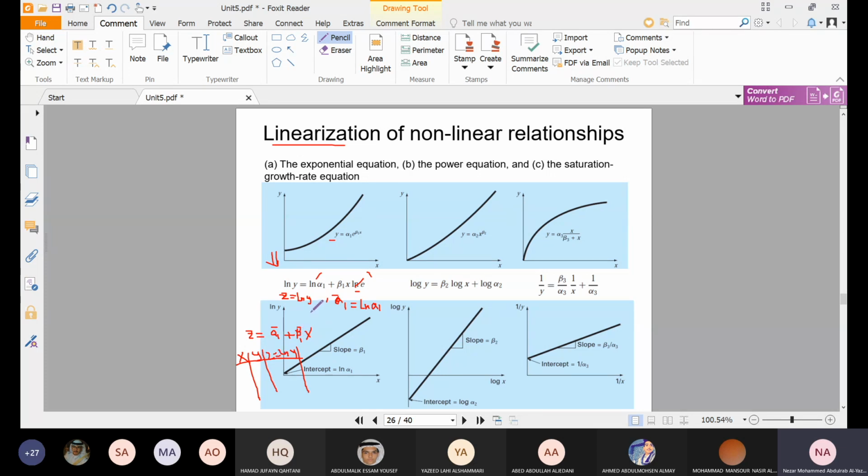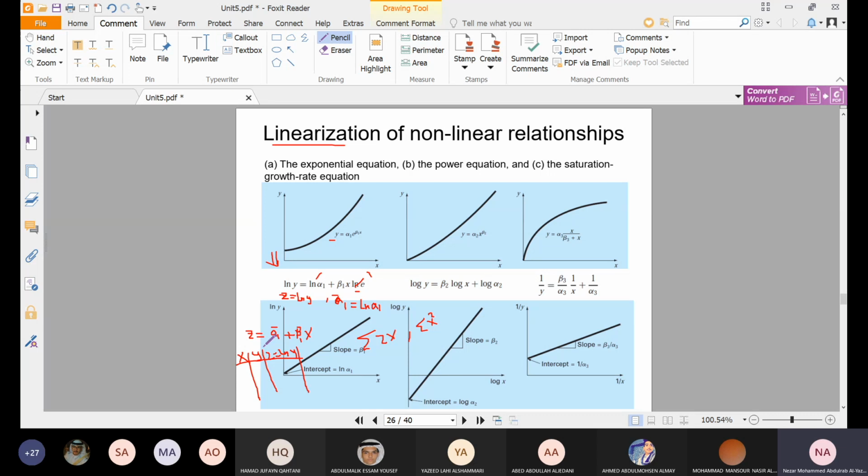After that I will use the same criteria that we used before for a0 and a1, the same form. I need to find the sum of zx, the sum of x square, also the sum of x and the sum of z. After I solve this, I will find the values of alpha 1 bar and beta 1.